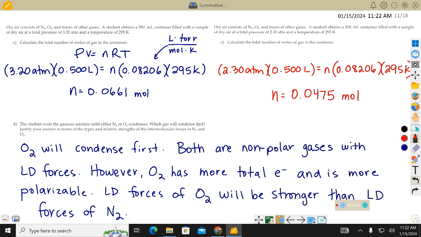Because the oxygen's got a few extra electrons, the London dispersion forces should be a little bit stronger. More total electrons gives me a more polarizable electron cloud. So if the London dispersion forces of oxygen are a little stronger than those of the nitrogen, I would expect oxygen to condense first.